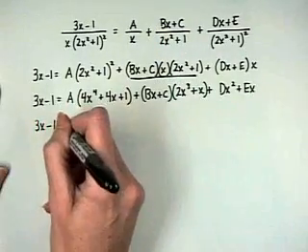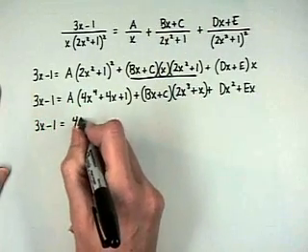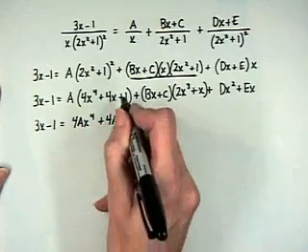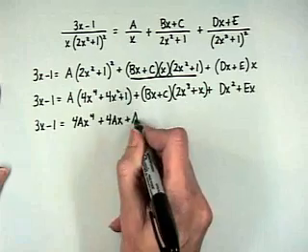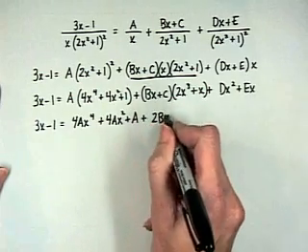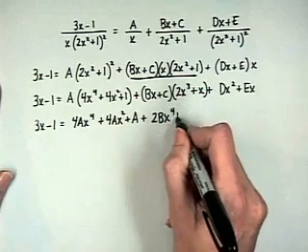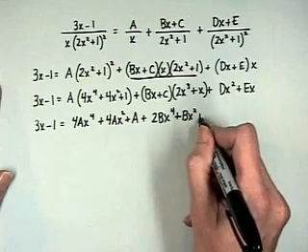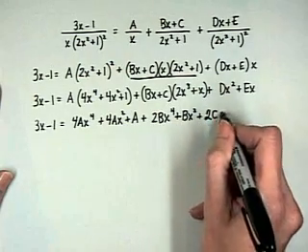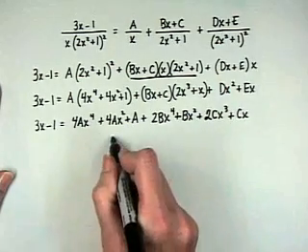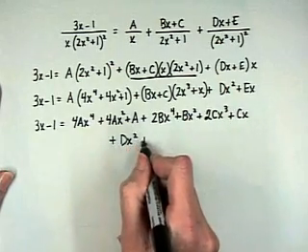Continuing to solve, we'll have 3x minus 1 equals 4a x to the fourth plus 4a x squared plus a plus 2b x to the fourth plus b x squared plus 2c x cubed plus cx plus dx squared plus ex.